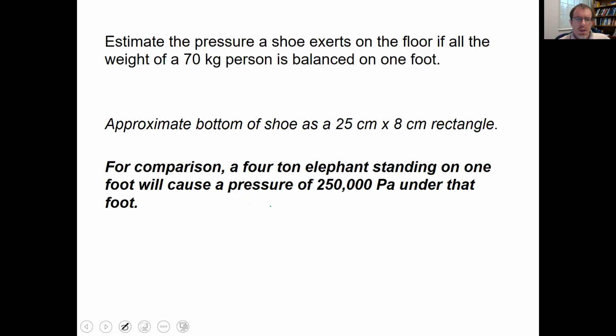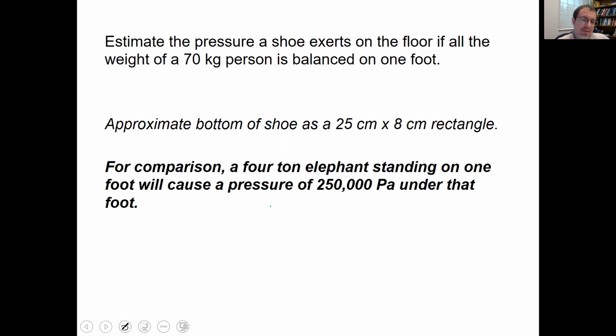It turns out that if we've got a 4-ton elephant, so that's a standard African elephant, balanced on one foot, then they will have a pressure of 250,000 pascals underneath that foot. That's roughly 10 times the pressure that I have underneath my foot if I'm just balanced on my tennis shoe.